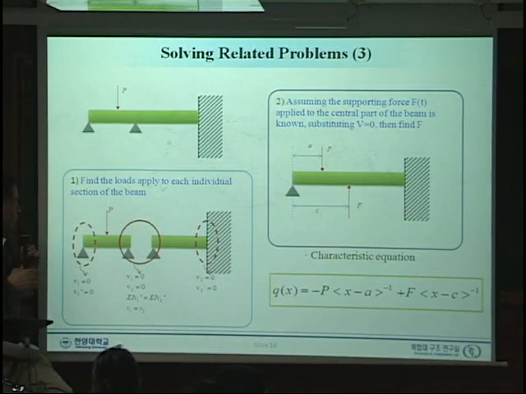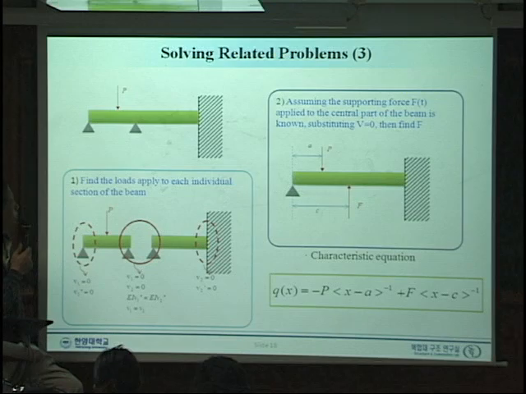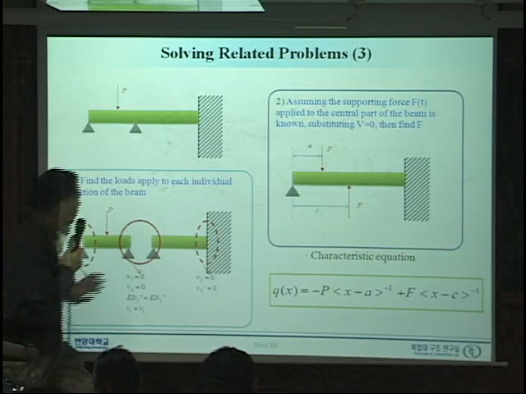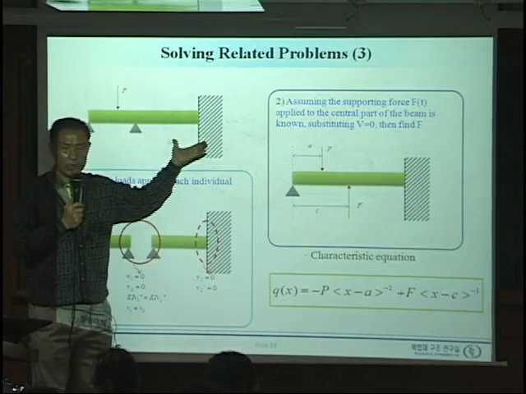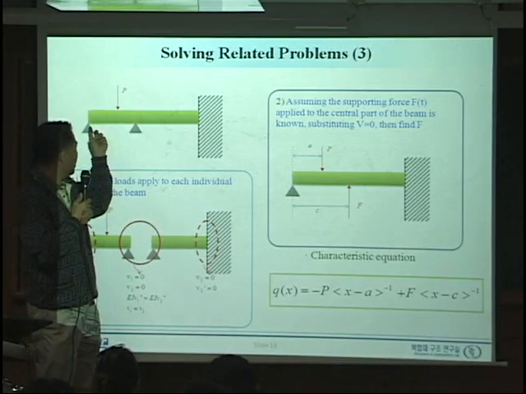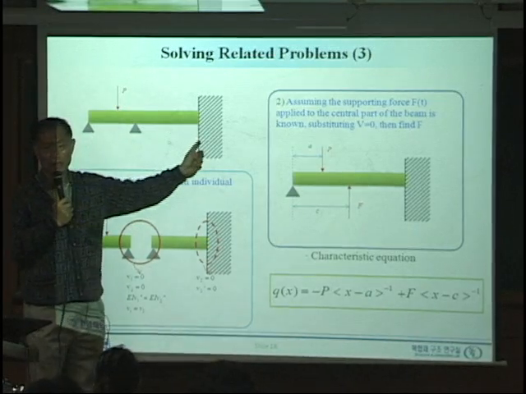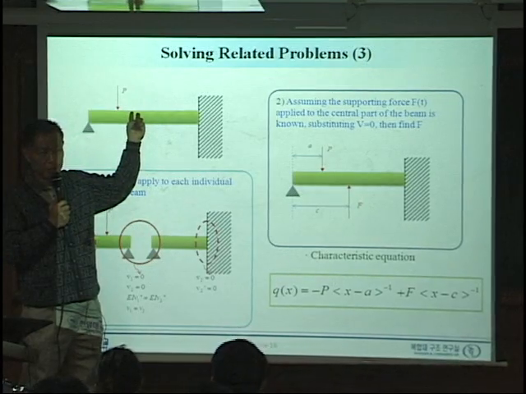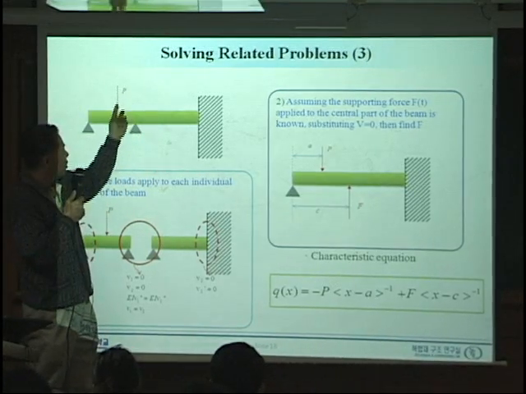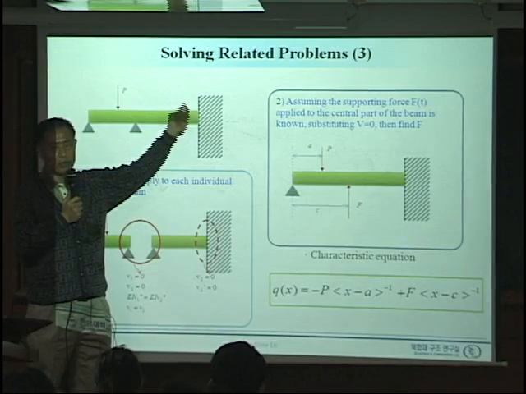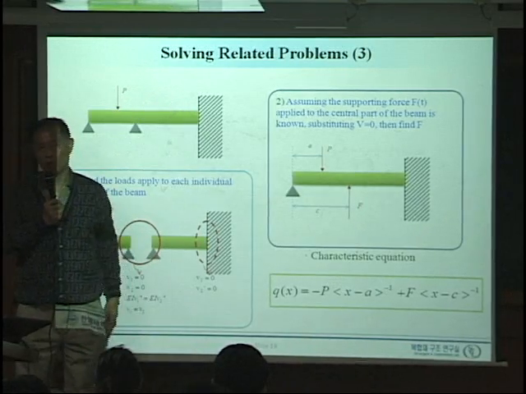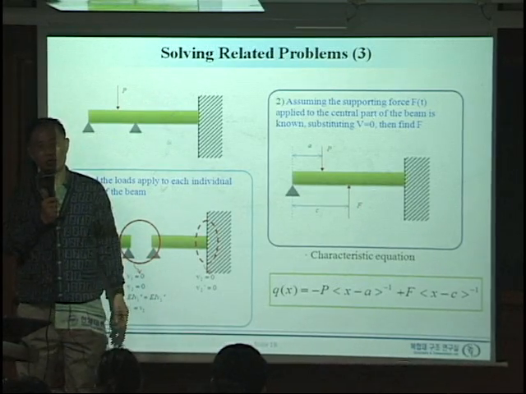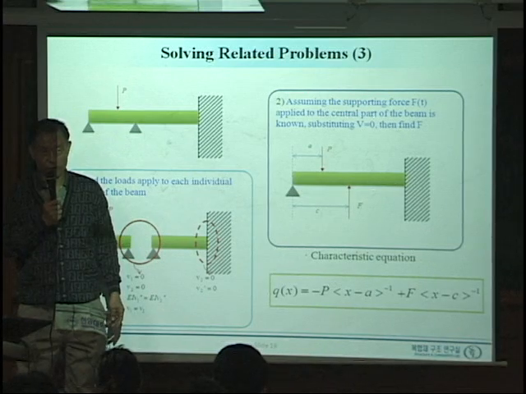Now, a different type. Solving another equation. This one you have simple support and clamped and a concentrated load. Well, as you can see, any kind of load you can express in terms of a singularity function.